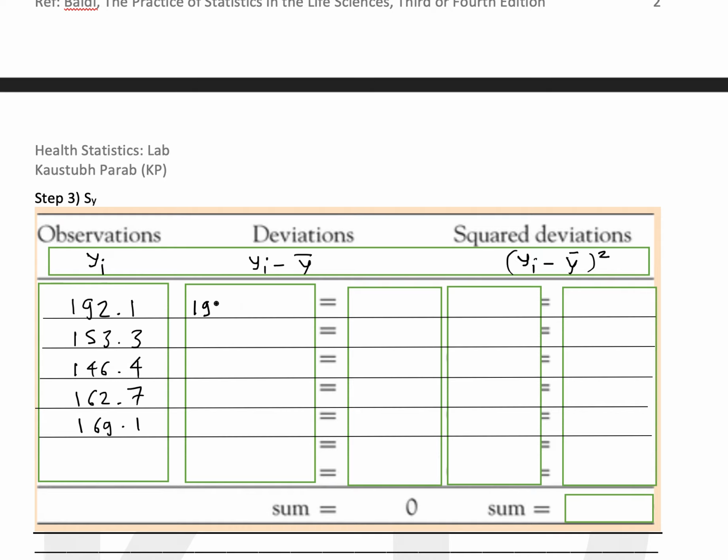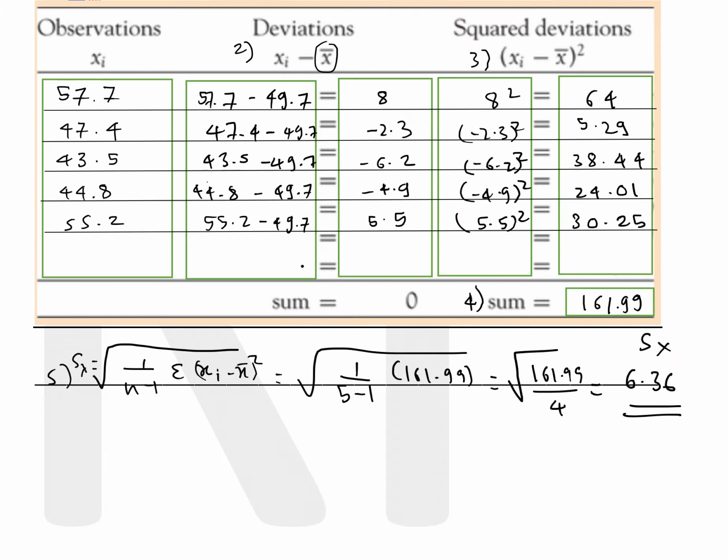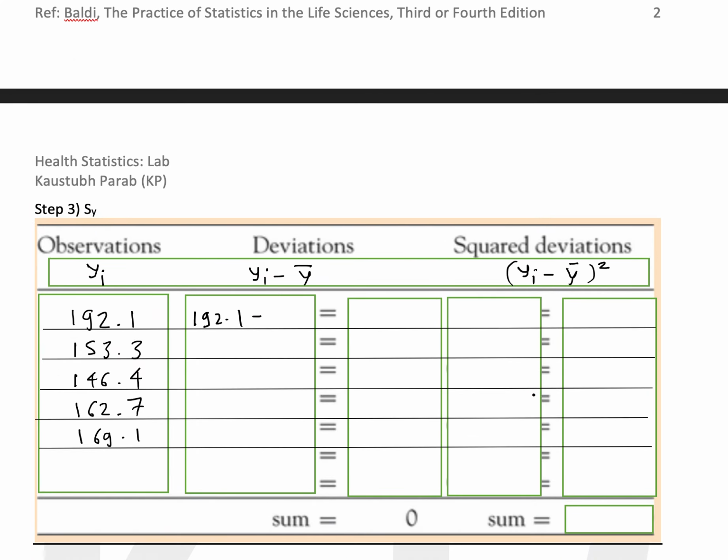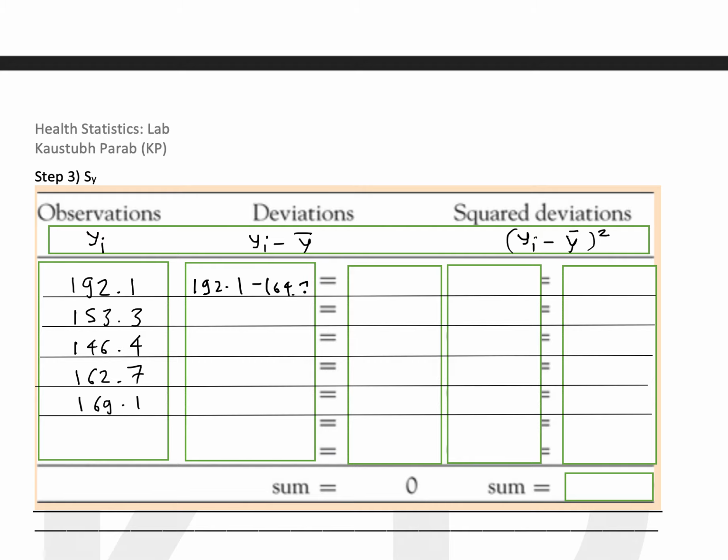So mean of y, in this case we got it as 164.7. Do the subtraction there.